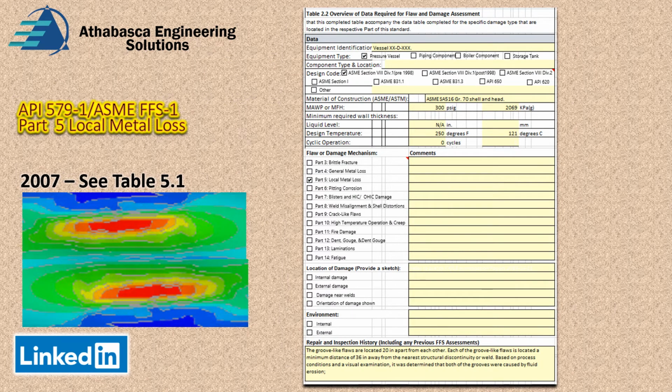So as per usual, we will begin with table 2.2, and we'll look at all of the mechanisms and try to pinpoint which ones are associated with our problem. This is found in chapter 2, and there's videos on that topic. In this case, all we have is part 5, local metal loss.